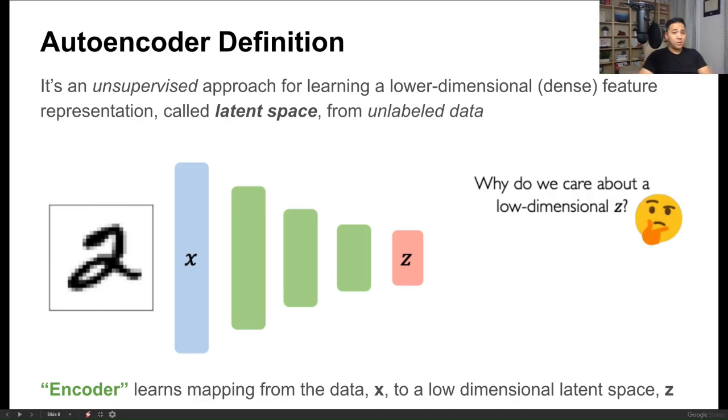It does not represent a 2. So this low-dimensional Z actually contains some dense representation or knowledge that says this is a 2 somewhere in there, right? So Z's are very important to extract knowledge from the data. And also Z is compact and low-dimensional. You can think about it as a form of compression, right? And number 3, as we find out later on in the videos, by manipulating Z, we might end up with some very interesting visual analogs of the real data. So Z's are quite important.